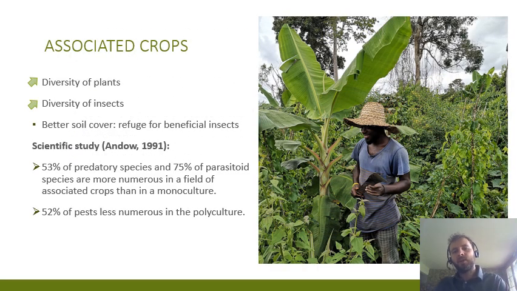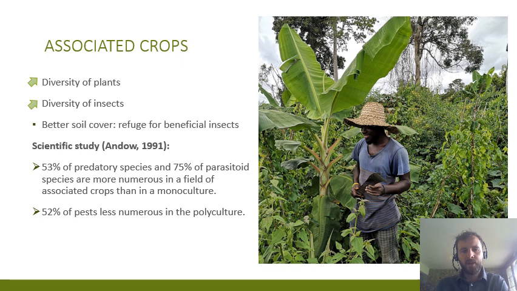So specifically, what you can do to attract beneficial insects is to make crop association. By doing so, you will have a higher diversity of plants, and because of this, a higher diversity of insects. You will also have a better soil cover, and this will give a refuge for beneficial insects.